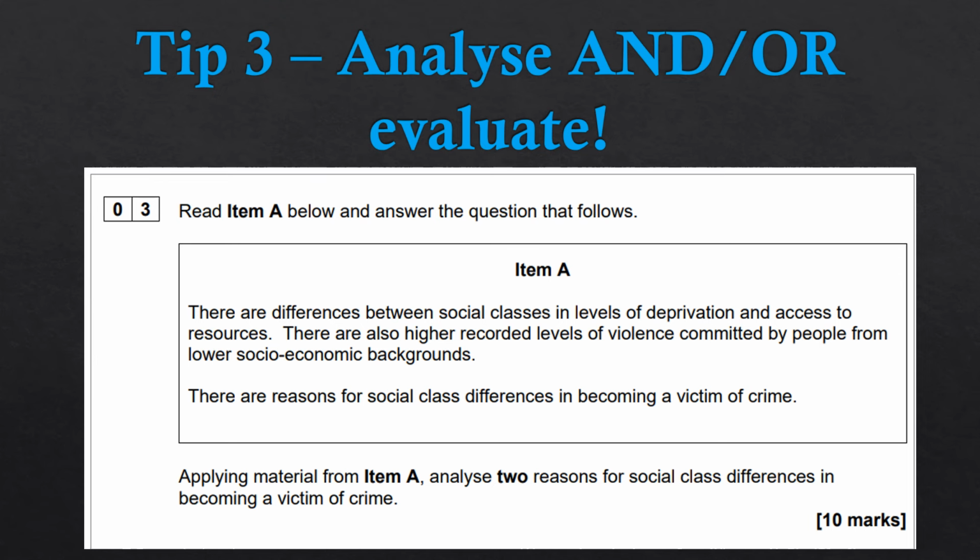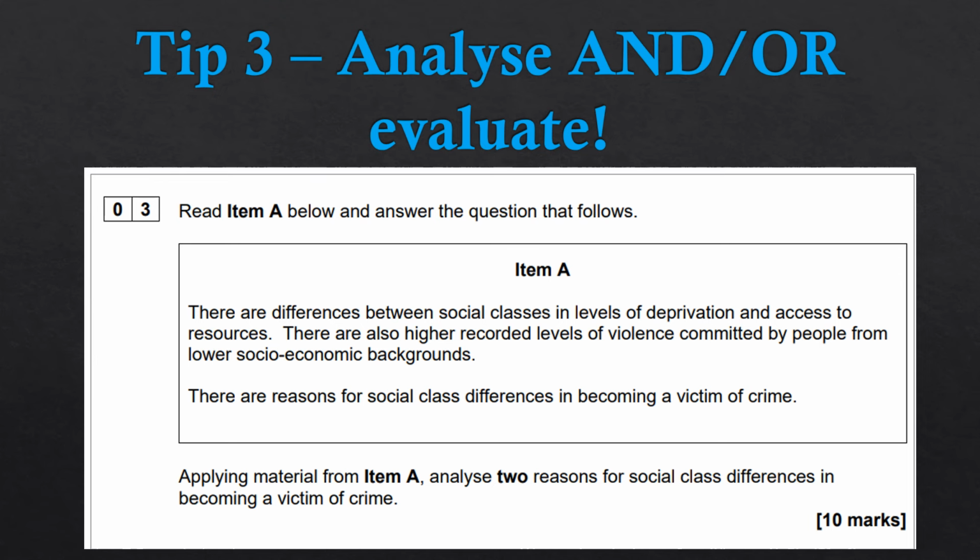And secondly, even though it says the word analyse, this also indicates that you can evaluate, and the mark scheme explicitly says marks are available for analysis and or evaluation. So on a question like this, where it's asking you for 2 reasons for class differences in becoming a victim, you can offer a criticism of one of the reasons given.